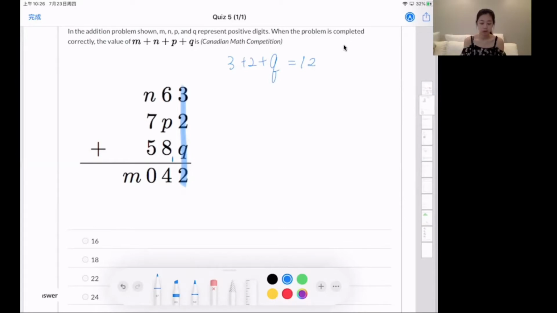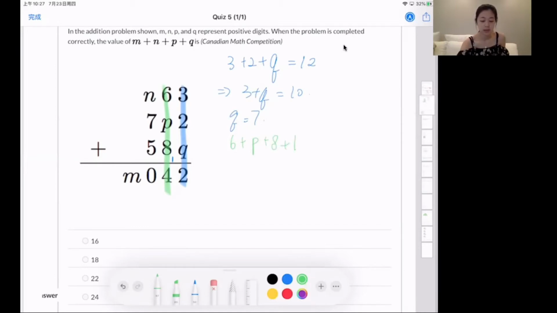So if it's 12, 3 plus q equals 10, q equals 7, okay? And then the tens digit. We can see 6 plus 8 is already 14, plus 1.